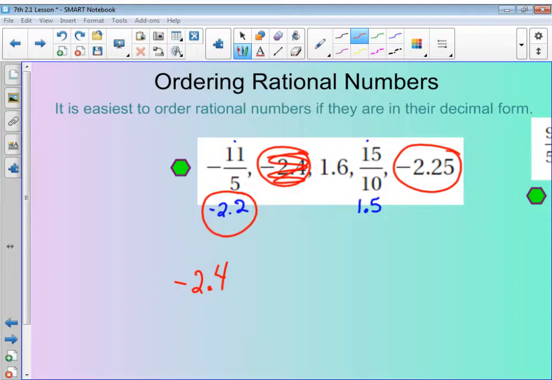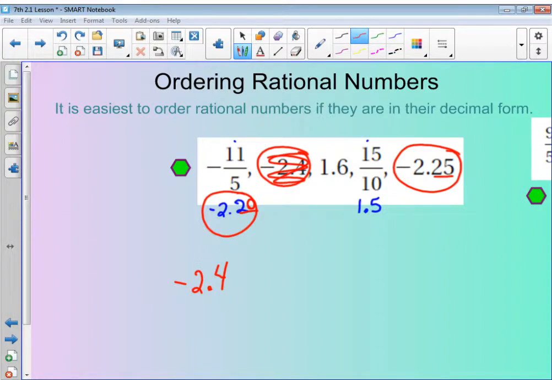So of the two I have left, I have negative 2.2 and negative 2.25. Now some kids get confused when the first two numbers are the same. So here's the thing, if you need to, you can always add a 0 to the end to make it easier to compare. Now I can compare 20 behind the decimal to 25.